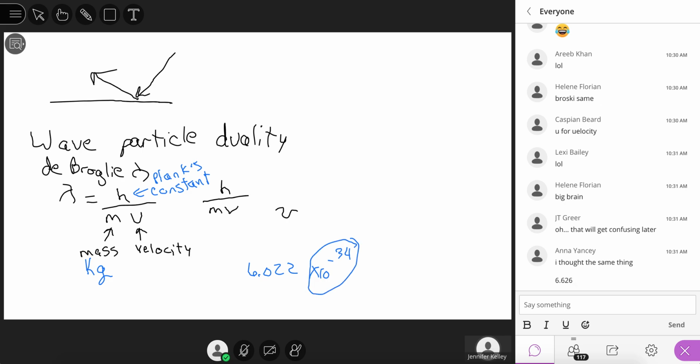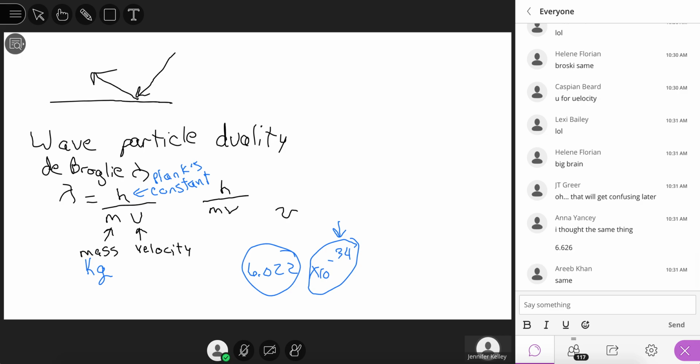This part goes with Planck's constant, and this part goes with Avogadro's number. So when you see this in the notes from the last time we had class, just fix it. It should be 6.626 times 10 to the negative 34. And not this weird Frankenstein stuff that I came up with.